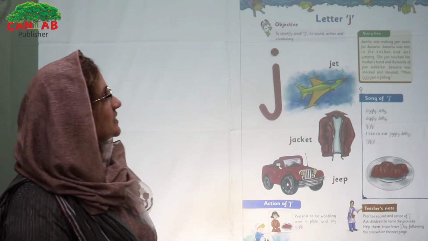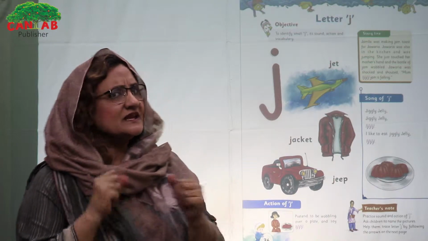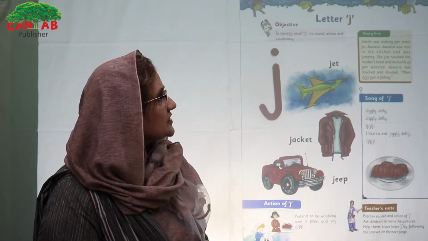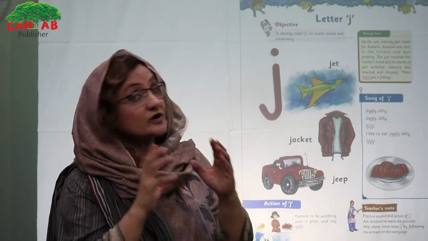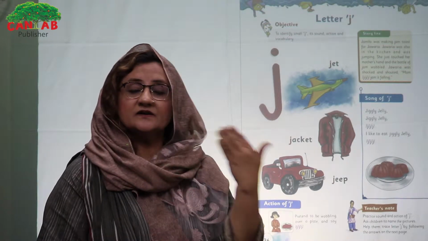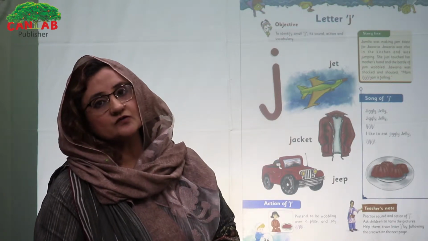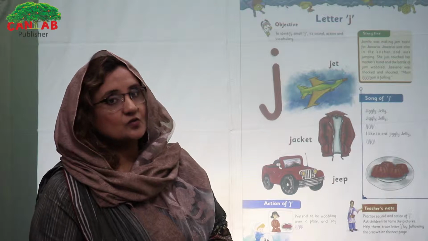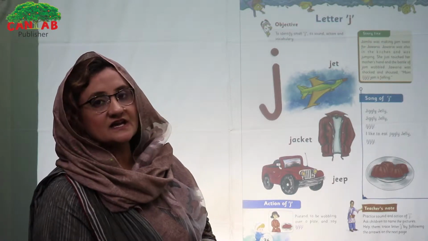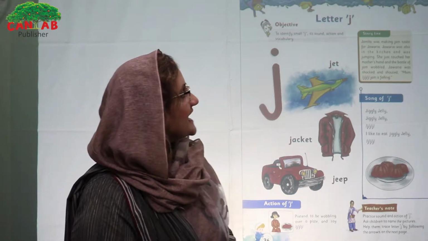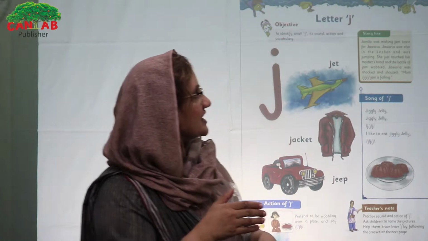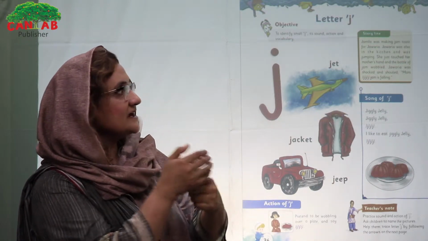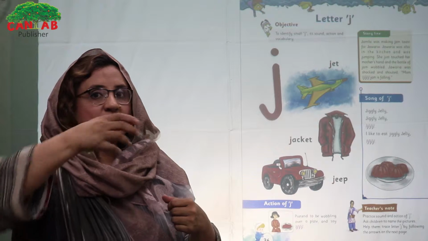Yes, get ready. Okay, once Jamila was making a jam toast for Javeria. Javeria is her sister, and Javeria was also in the kitchen. What was she making? She was making a jam toast, and she just touched her mother's hand, and the bottle of jam wobbled.